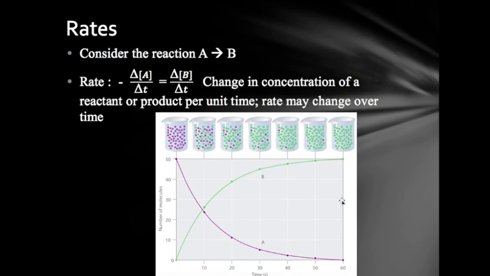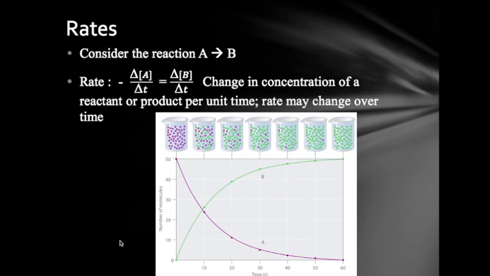So how do we define the rate? By looking at a graph like this. If you are given a concentration or amount versus time graph, the rate of the reaction is just the slope of that curve. Because if you take the slope of this, slope is rise over run, y change over x change, then you're going to get number of molecules over time, change in concentration per time.